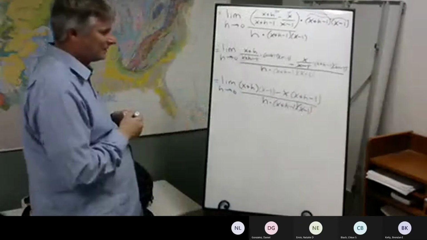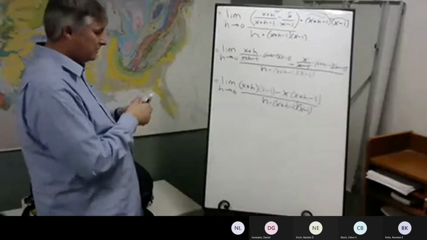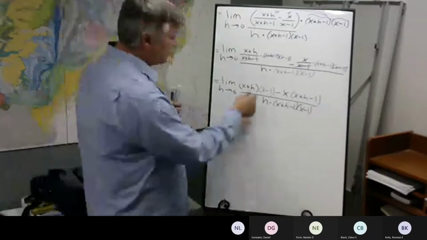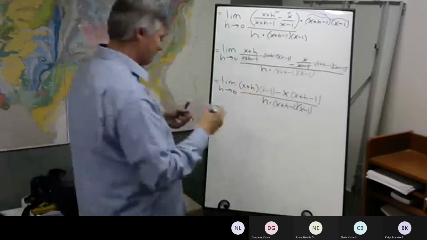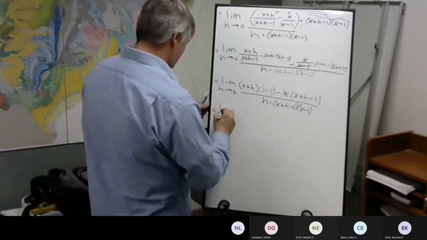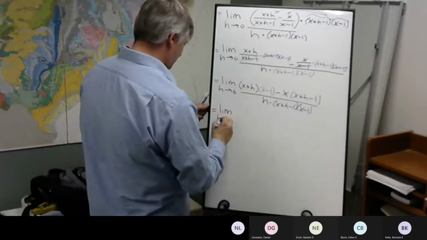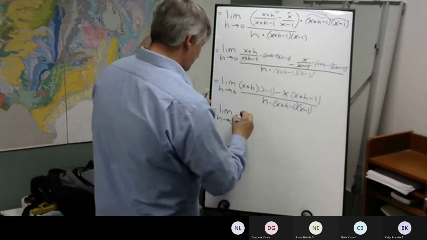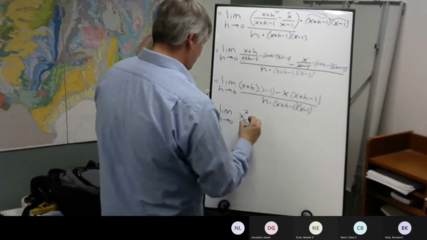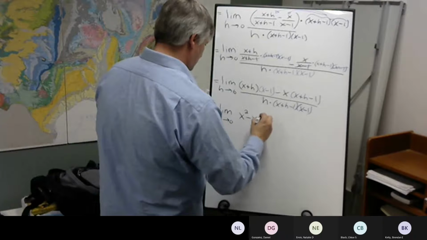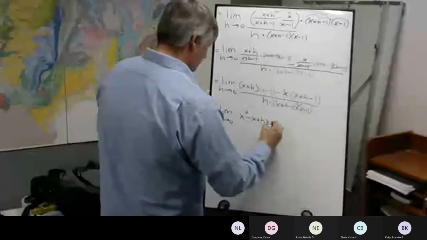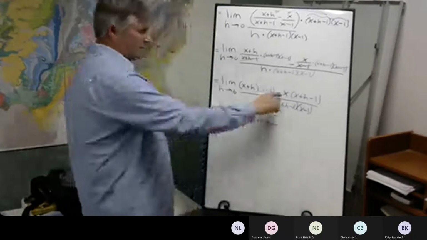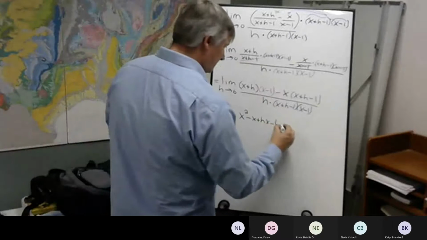All right. So what we're going to do next is we're going to distribute or FOIL. Like these two here, we could just FOIL. And then this one we can distribute.